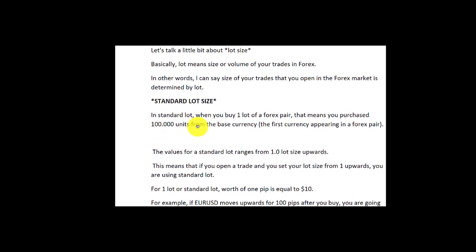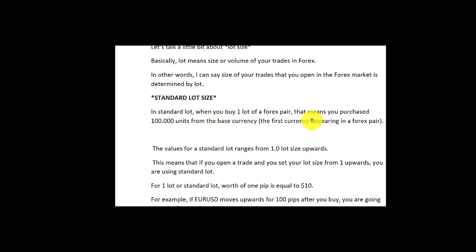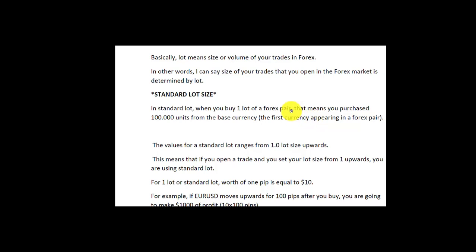There are basically 3 types of lot size. We have a mini lot, we have a micro lot, and we have a standard lot. Let me say this again. There are basically 3 types of lot size or positioning: a mini lot, a micro lot, and a standard lot. In a standard lot, when you buy one lot of a forex pair, for example EUR/USD or GBP/USD, what that literally means is that you purchased 100,000 units of the base currency.